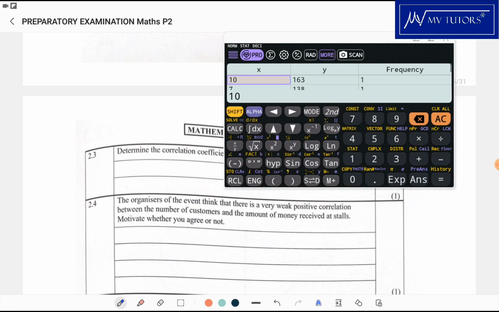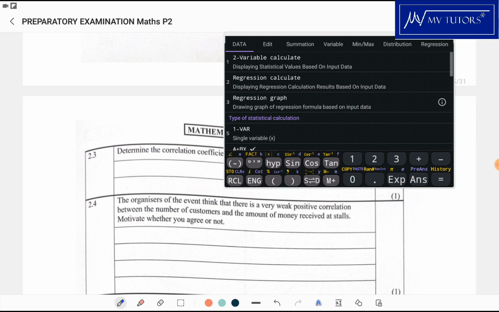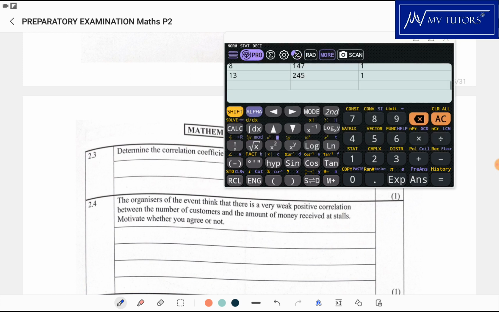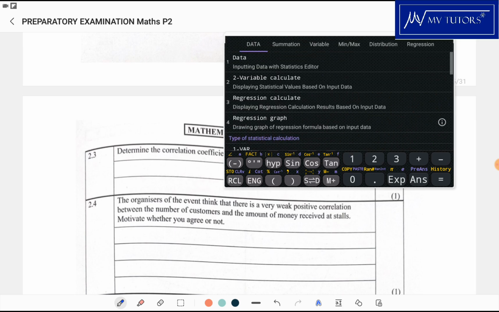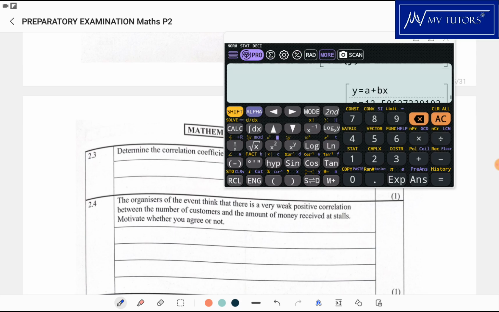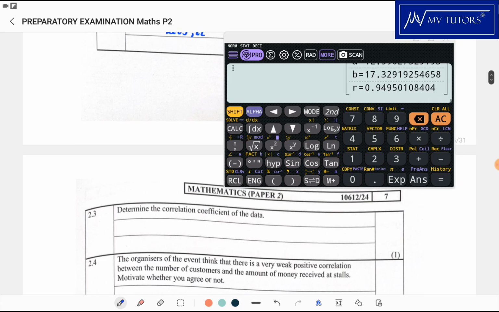Yes, my data is still there. If I say shift stat, no, I should have gone to the regression calculate. We need R. That's one thing that we didn't write down.